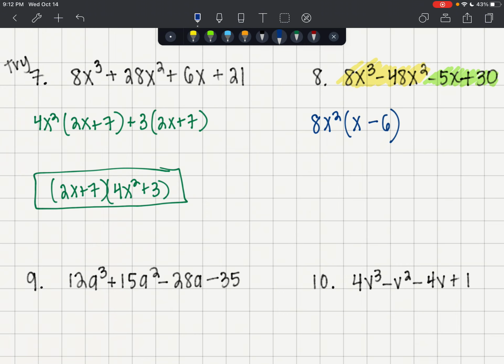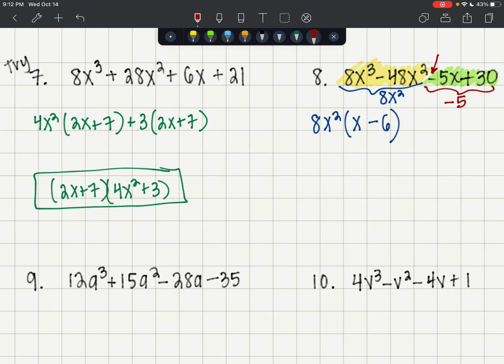Now, what's common? I'm going to use color here. What's common to the second 2 terms? This negative is very important. We need to factor it out. So it's always going to be a negative when that sign is a negative. So you're always going to take that negative out, and it's going to be negative 5.